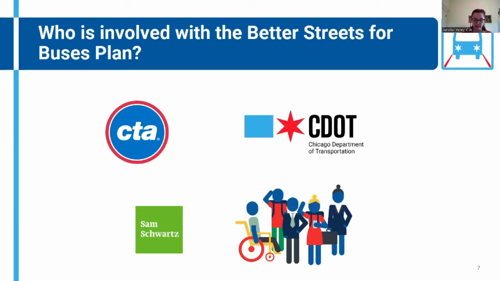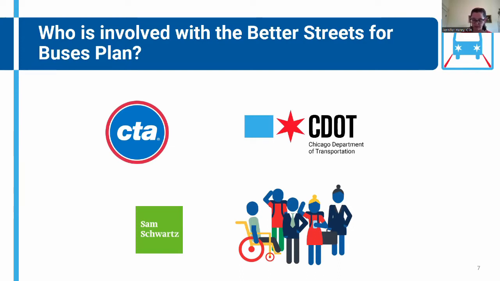This project is a joint effort co-led by the Chicago Transit Authority, or CTA, and the Chicago Department of Transportation, or CDOT. Both agencies play important roles with respect to bus service. CTA is the transit operating agency and is responsible for many decisions that define critical aspects of the bus riding experience, including how often buses are scheduled to come, operational management, and routing design.